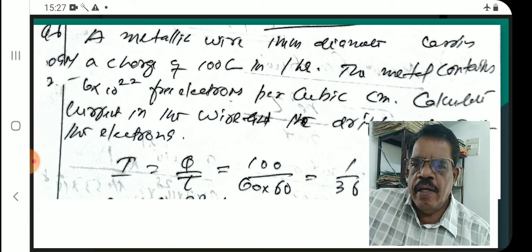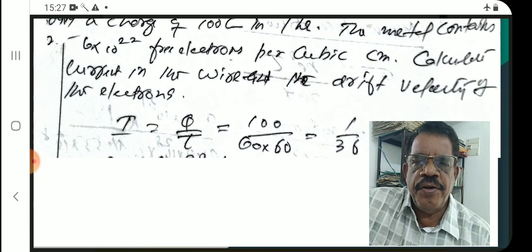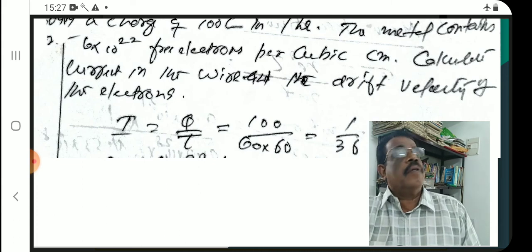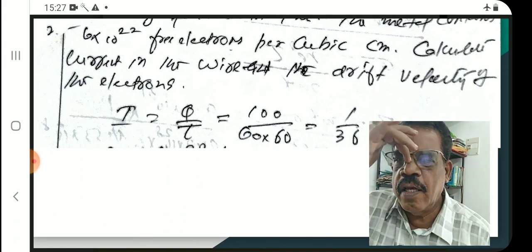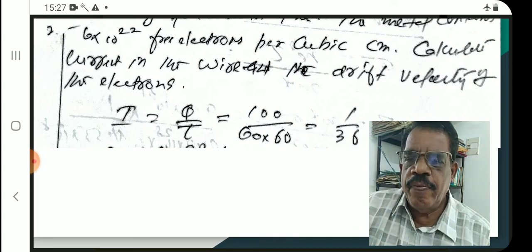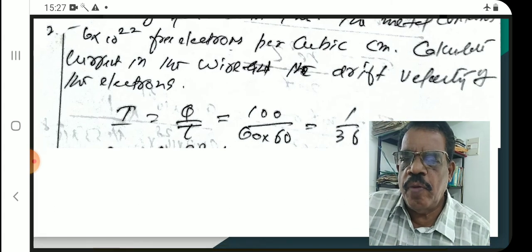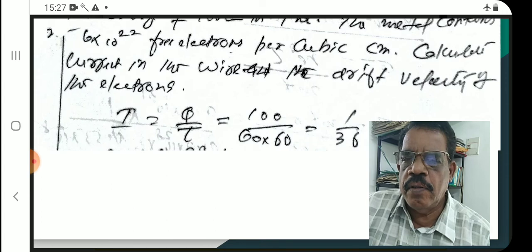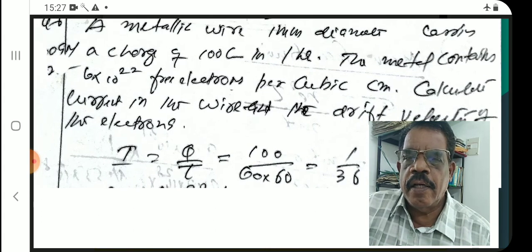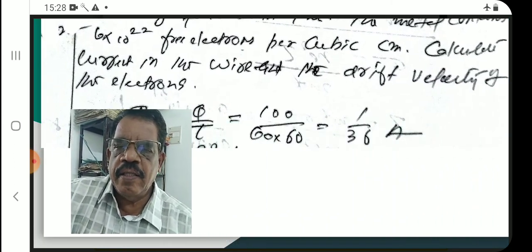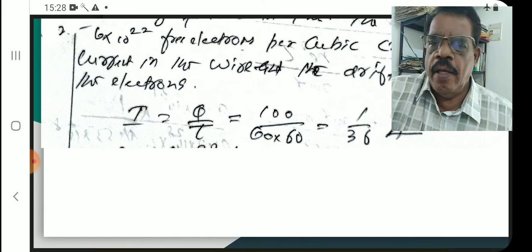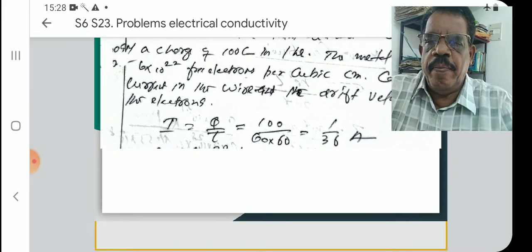Calculate the current in the wire and the drift velocity of the electrons. So we can find the current first. I is Q by t, charge by time. 100 by 1 hour, that is 3600 seconds. We get 1 by 36 ampere. That is the current, 1 by 36 ampere.